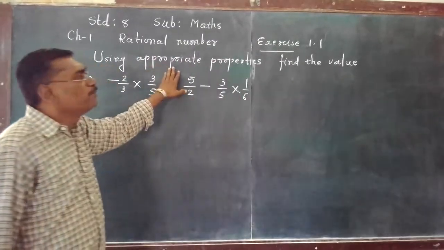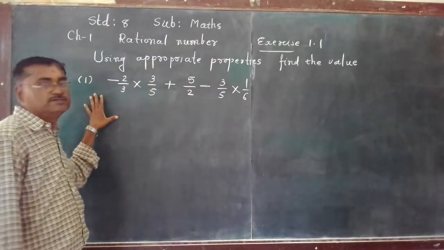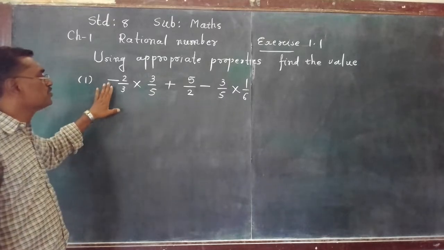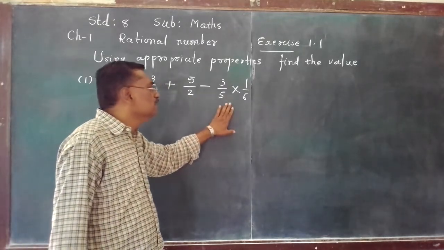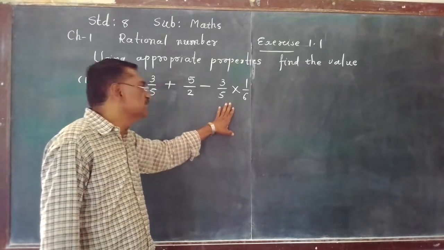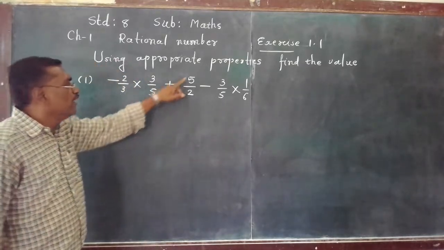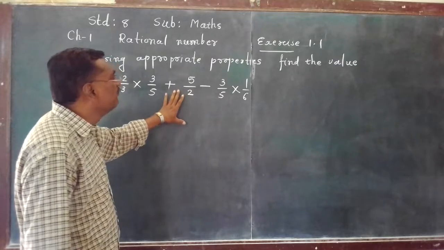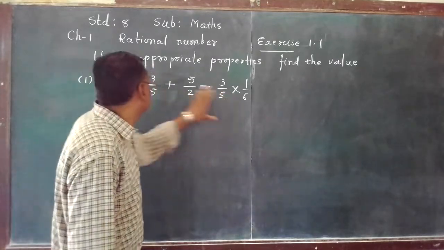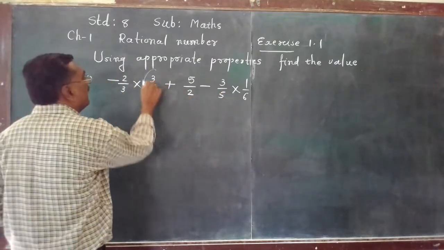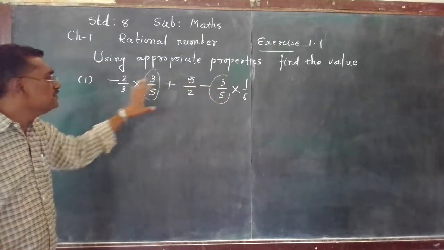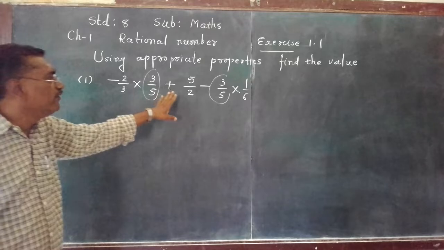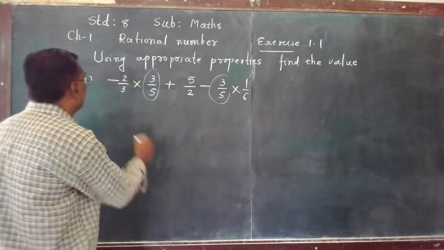Using the appropriate properties, find the value of the first example: -2 upon 3 multiply 3 upon 5 plus 5 upon 2 minus 3 upon 5 multiply 1 upon 6. Now 5 upon 2 is only one term, and here is the multiplication form, and 3 upon 5 we can see is common. So arrange these terms together and write 5 upon 2 in the last.